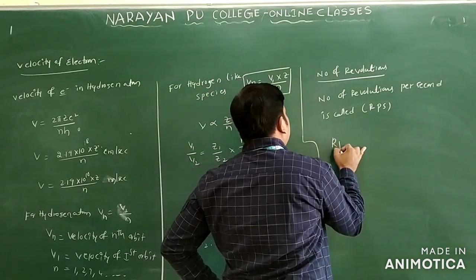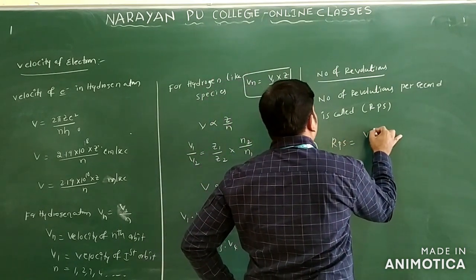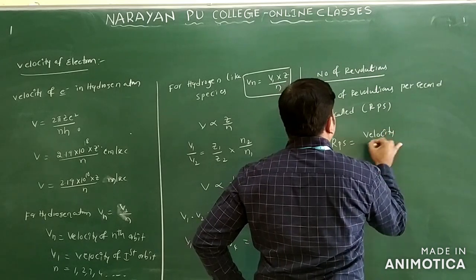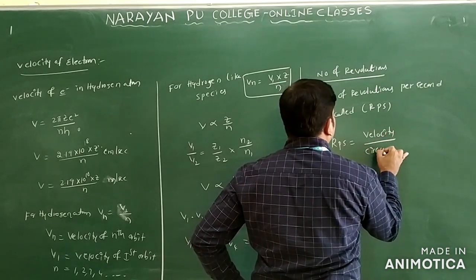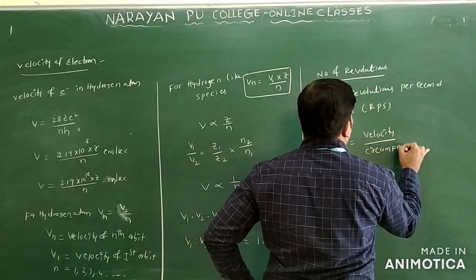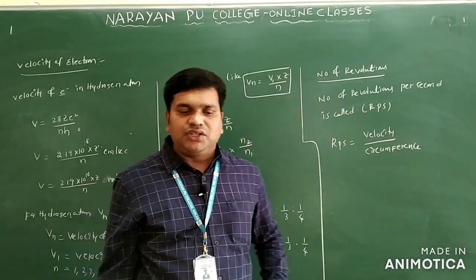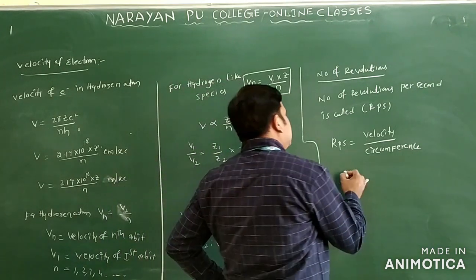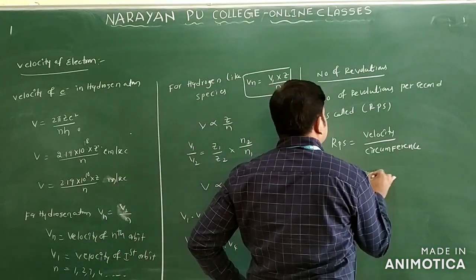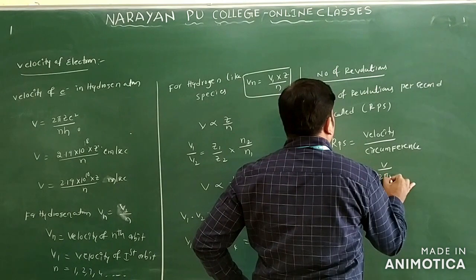Revolutions per second, RPS, is equal to velocity by circumference. Velocity is denoted by V, so RPS is equal to V by 2 pi r.